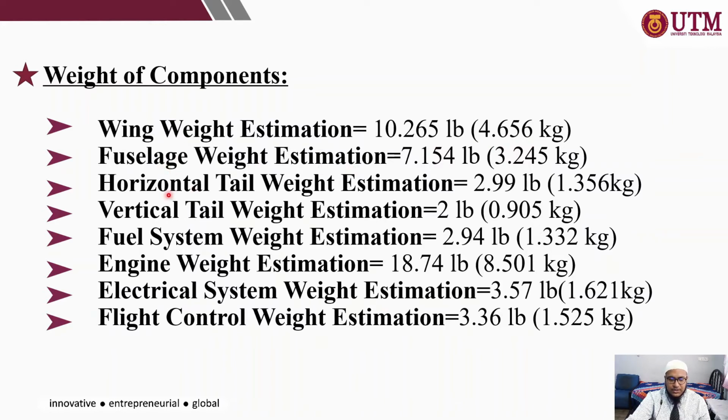Then fuselage weight estimation, horizontal tail, vertical tail, fuel system, engine, electrical system, and flight control weight estimation. Here are the values we got after the calculation, and overall it was less than 55 kg.